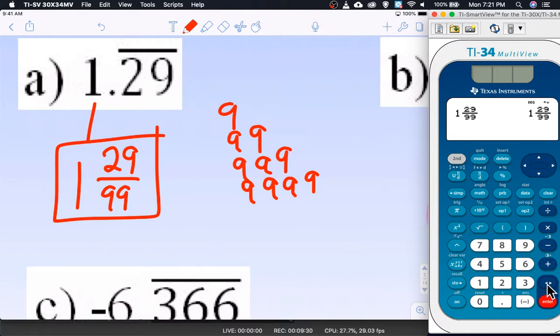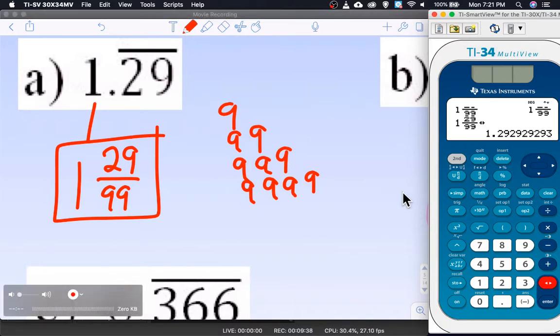We got it. I do a little switcheroo. 1.29292929. The 3 is because your calculator rounds.